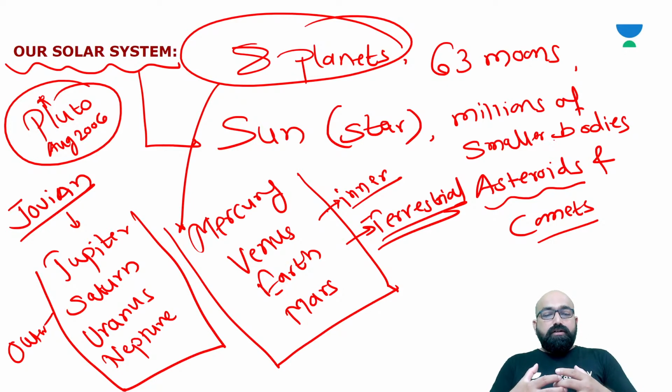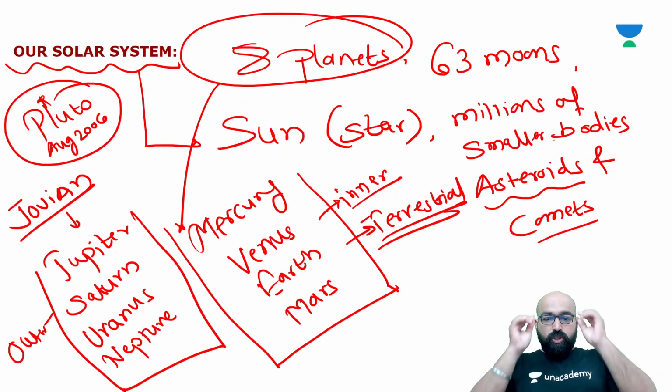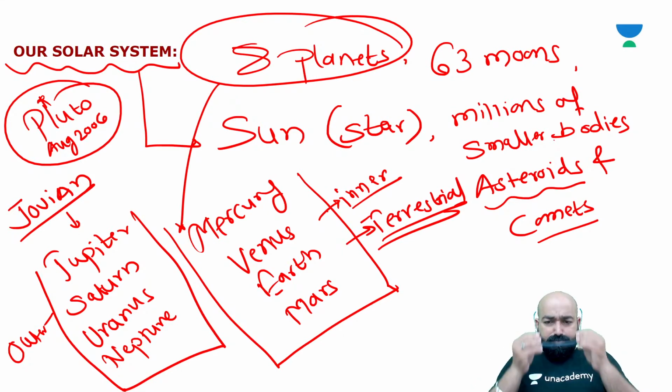However, in a meeting of the International Astronomical Union, a decision was taken that Pluto, like other celestial objects discovered in the recent past, may be called dwarf planets.